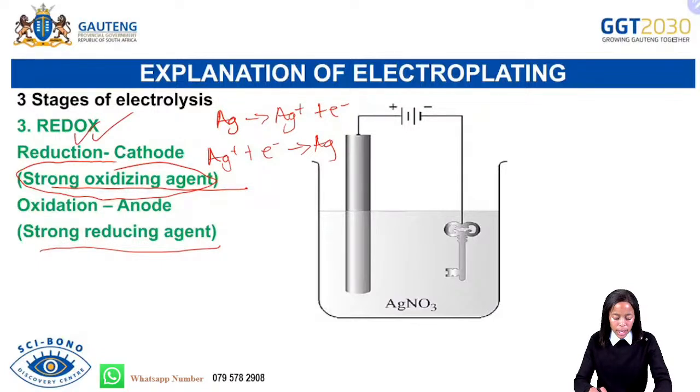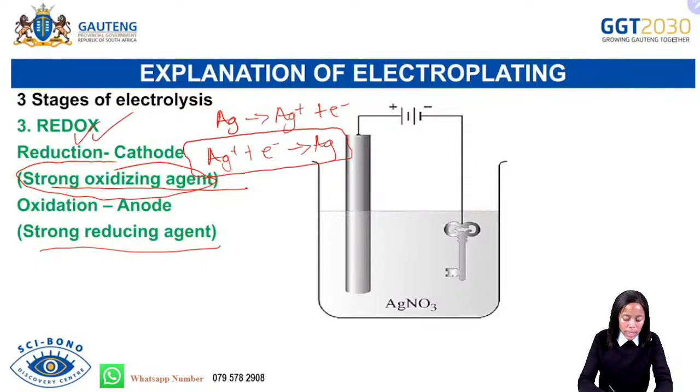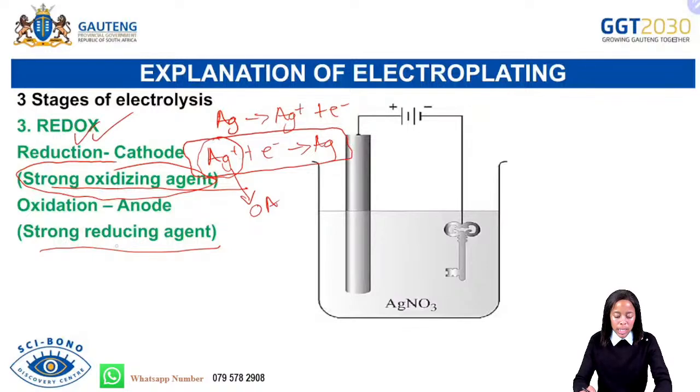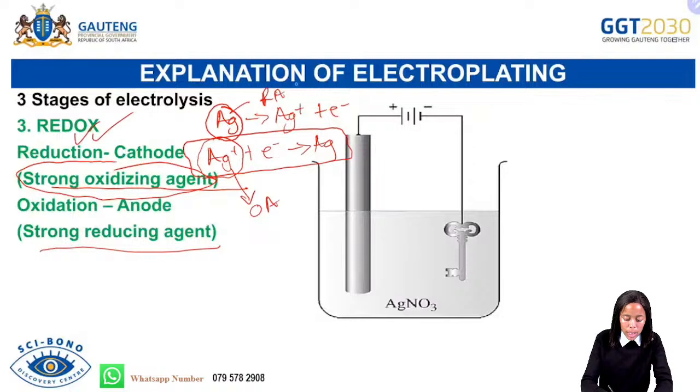So which one is the reduction half reaction? We said this will represent the reduction half reaction. So if that's the case, it means the Ag plus, not the Ag, but the Ag plus is the oxidizing agent. And then if we talk about the strong reducing agent, we are going to associate it with what? With oxidation. So if that's the case, then only Ag, not Ag plus, will represent your what? Will represent your reducing agent.